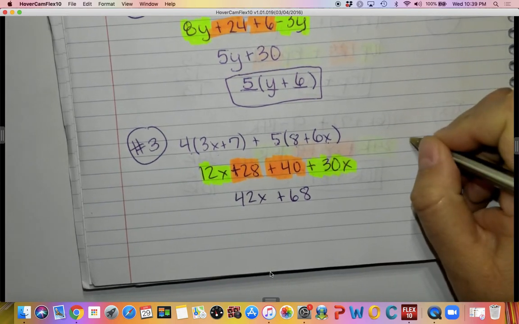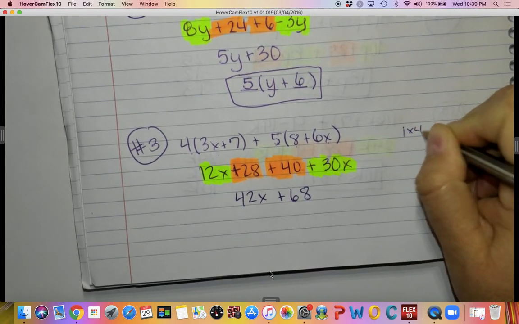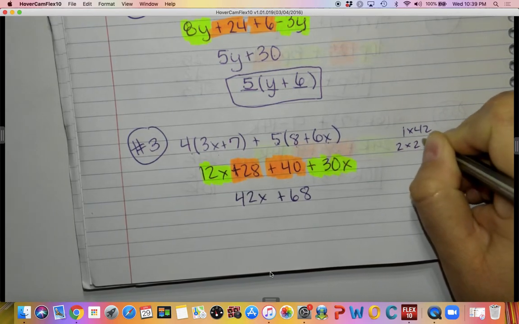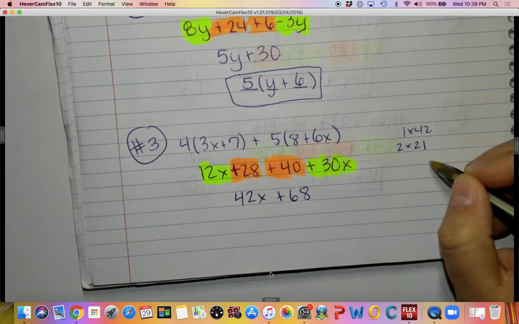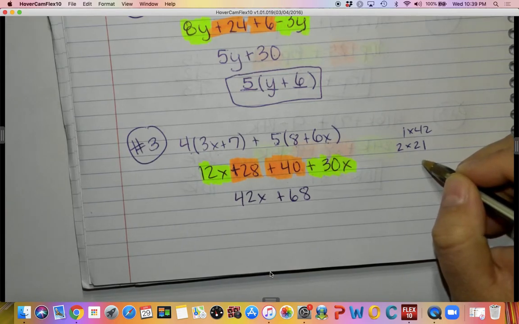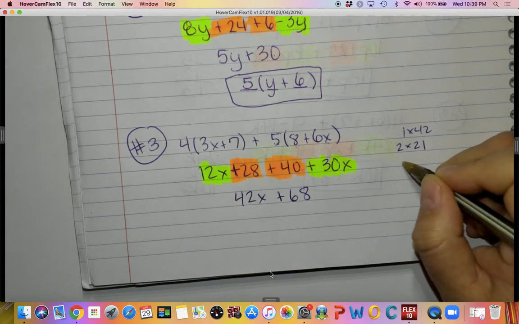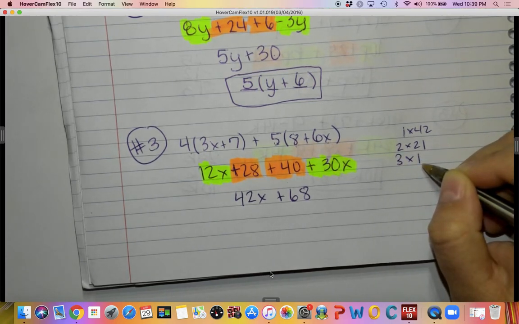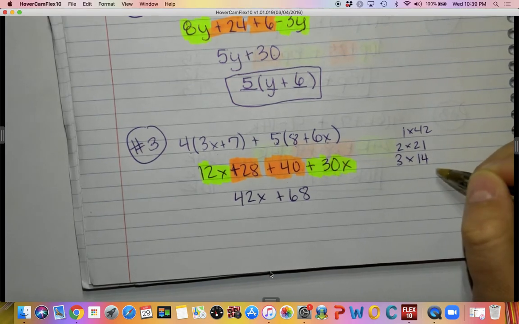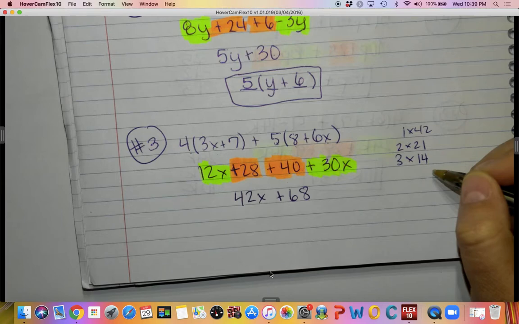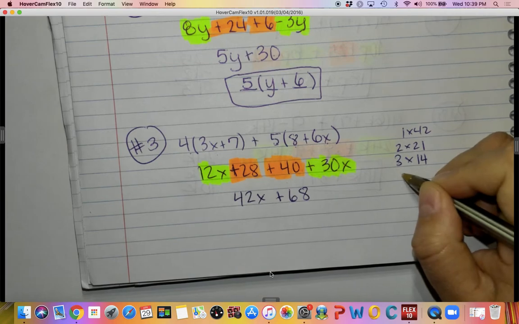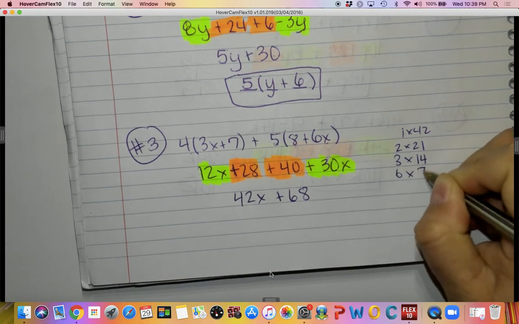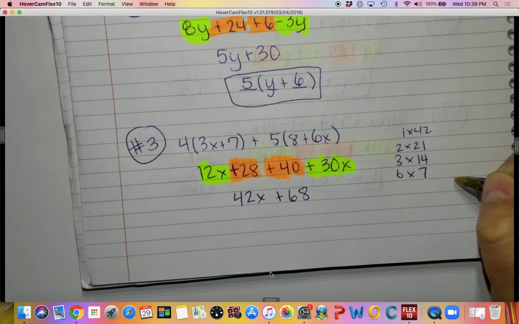Let's see what makes 42. 1 times 42, 2 times 21, 3 times 14, 6 times 7, and I think that's it.